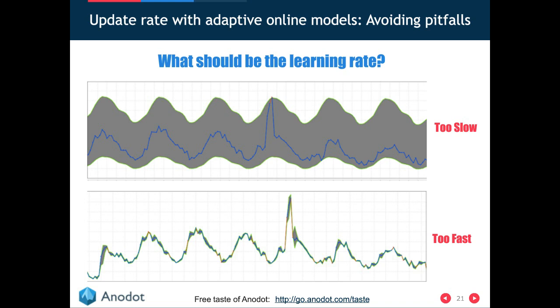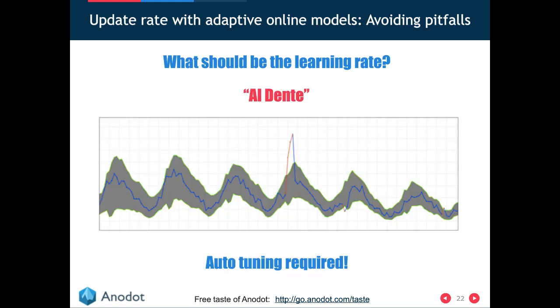So what you really need is some mechanism that will let you auto-tune the adaptive rate of every algorithm for every metric. If you look at some of the techniques that are out there, for example, ARIMA models, you can auto-tune with Kalman filters. And of course, the question is how do you do it efficiently, because a lot of these techniques are very, very computationally expensive.